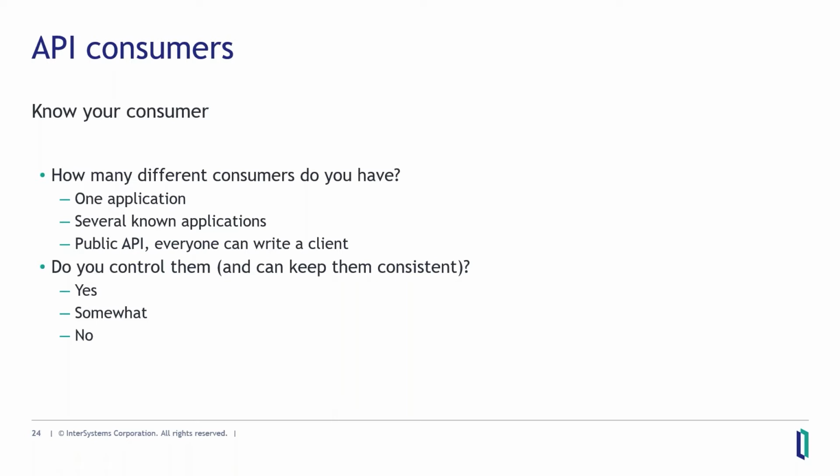And if we are talking about a public API or even several applications, usually you do not have any control at all, and you need to keep your API very consistent, and don't forget about that. So that's it about architecture, about some basic design principles, which allow you to ease the development of your REST API. And it's not very hard to develop a REST API. It's keeping it up to date where the problem is, I guess.